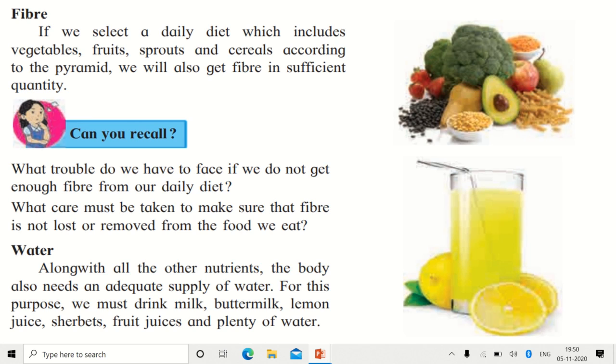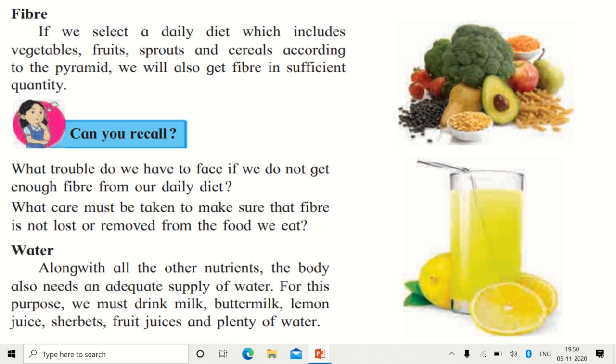Then the next important nutrient in our day-to-day life is water. Along with all the nutrients, water is very essential. Our body needs a sufficient supply of water.